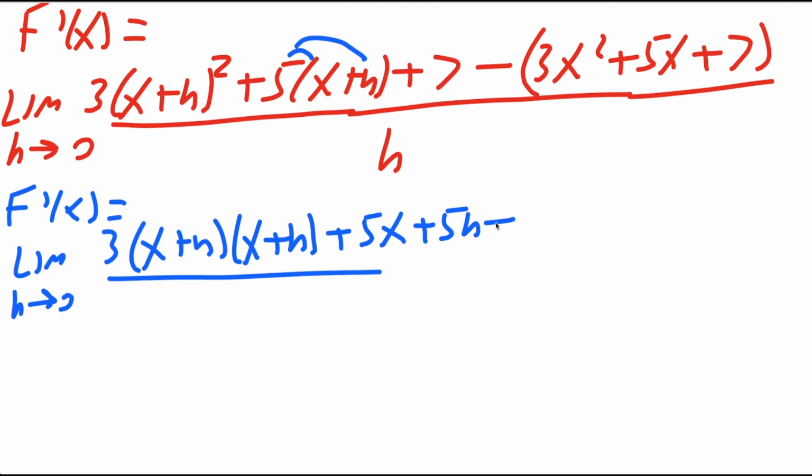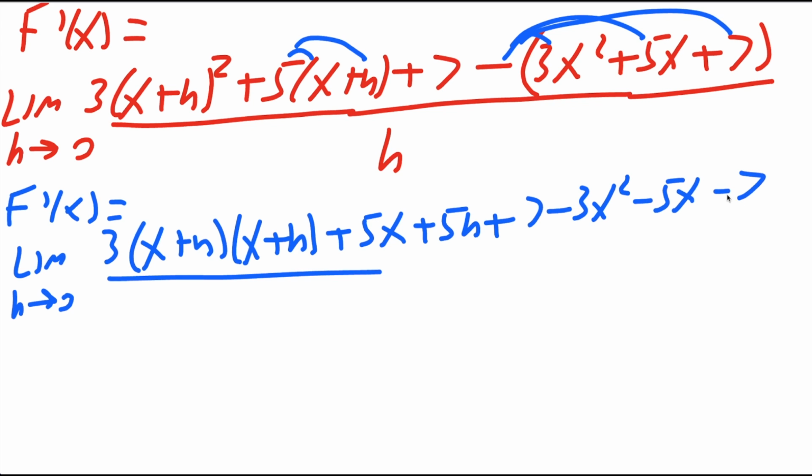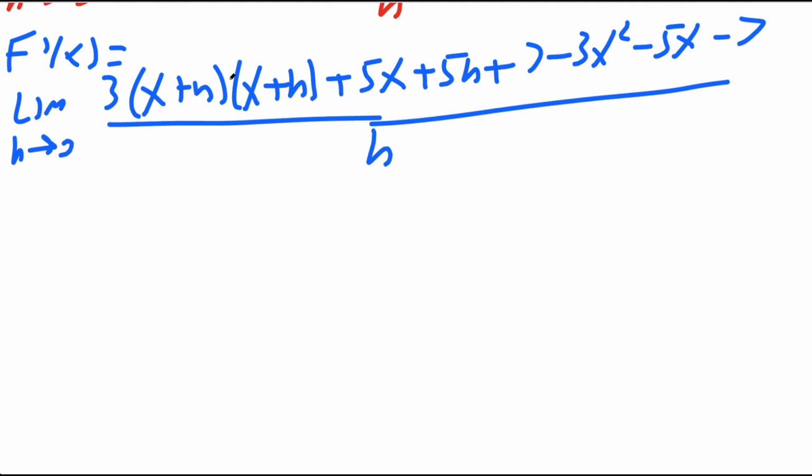Here we have a positive 7, and now we have to distribute this negative to all three pieces. So we would get negative 3x squared minus 5x minus 7, all over h. Okay, next we need to expand this piece, (x plus h) times (x plus h).